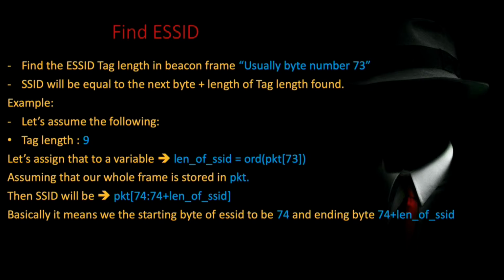Then our actual ESSID name starts from byte number 74. We're using a list slice here, from 74 to 74 plus the length of the SSID. In this case, maybe your SSID is just 4 characters, so it's 4 bytes, so it'll be 74:74 plus 4 if you're not using any variables.